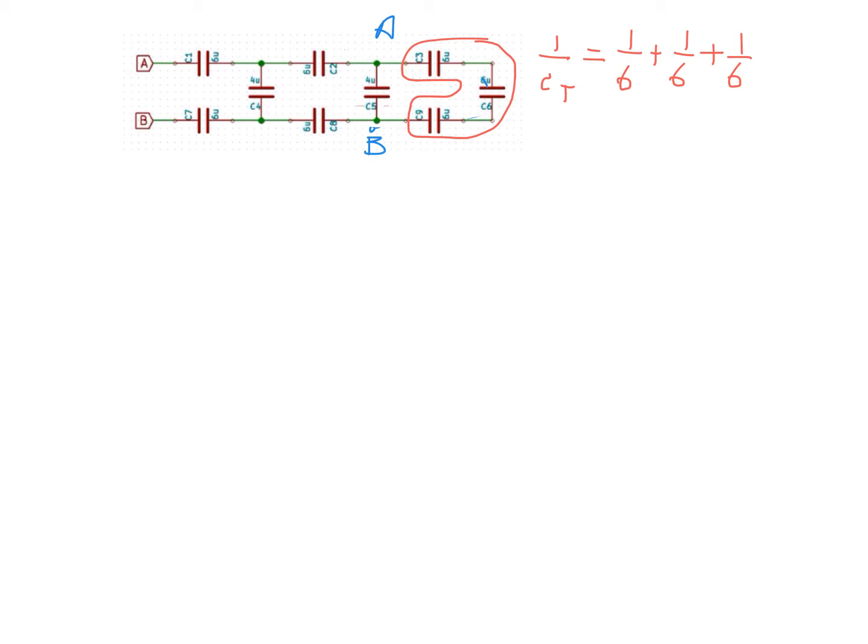I punch it into my calculator, and C total, the combination, will be 2 microfarads. So I want to redraw this diagram now and replace that combination of all 3 with 1. So the diagram will look like this.